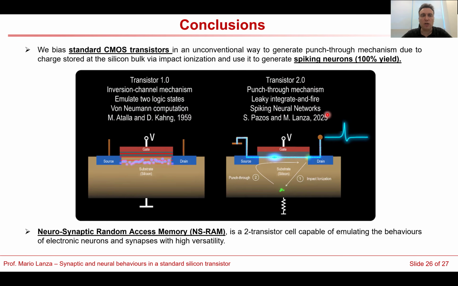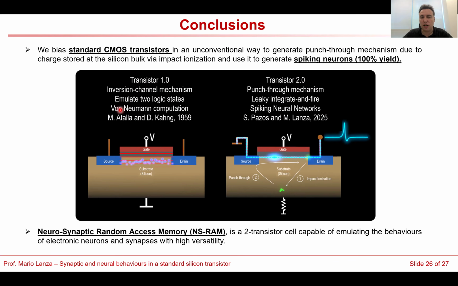So finally, as a conclusion, we have biased the CMOS transistor in an unconventional way to generate punch-through mechanism due to the charge stored at the silicon bulk via impact ionization, and we use it to generate spiking neural networks with 100% yield. So basically, we have reinvented the transistor.